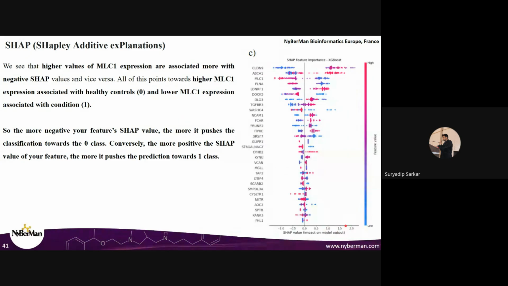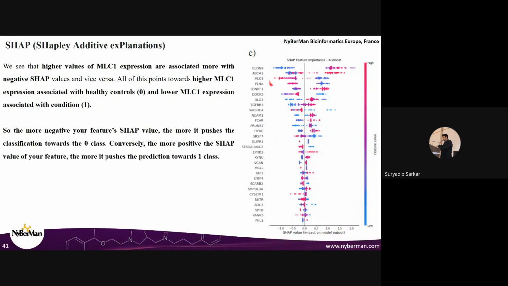So this is telling us that a higher MLC1 expression is associated with the negative class, and a lower MLC1 expression is associated with the positive class.